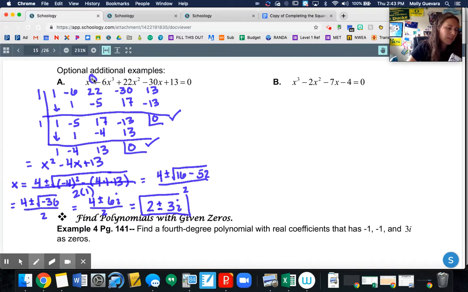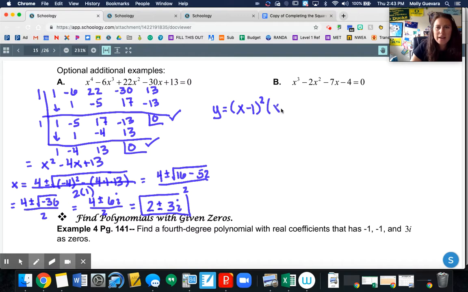Okay? Now, when I write this as a product of linear factors, hopefully you have more room than I do, because we still have to write this as a product of linear factors. Okay, so I have x minus 1. It's always the opposite sign. And since I have that twice, I can square it. And then this is where it gets tricky, right?